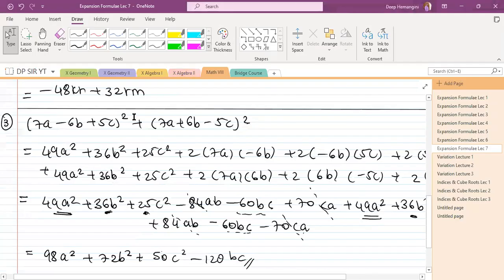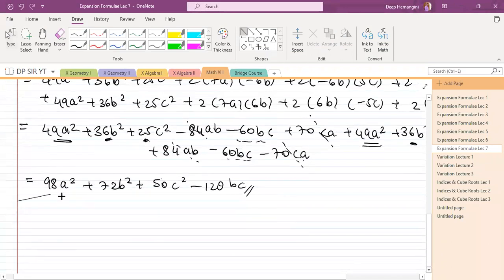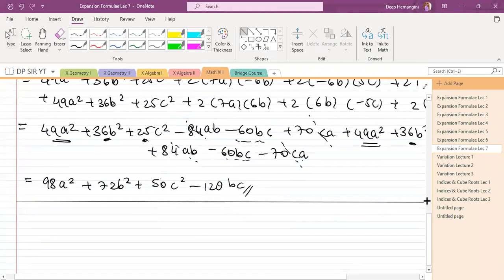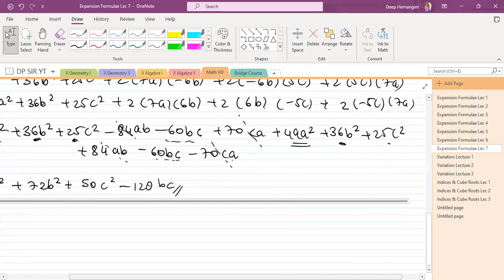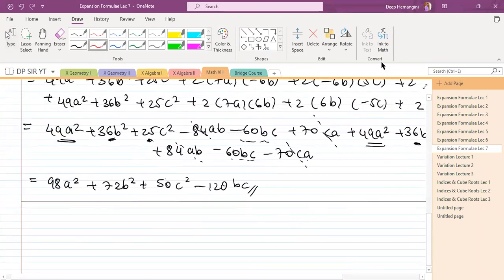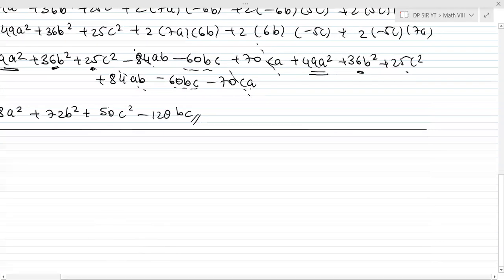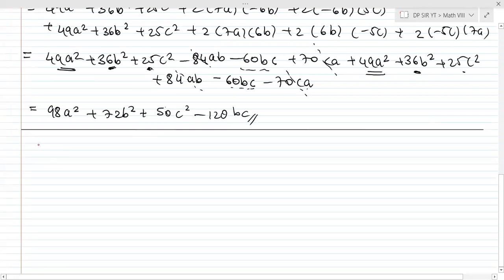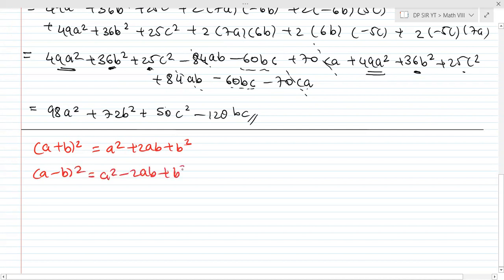And last but not the least, let me write down the formulas for you all, all the formulas that we have studied in this topic, not only a few, whichever we have studied. Let's start with the basic. a plus b the whole square is equal to a square plus 2ab plus b square. Then a minus b the whole square is equal to a square minus 2ab plus b square.